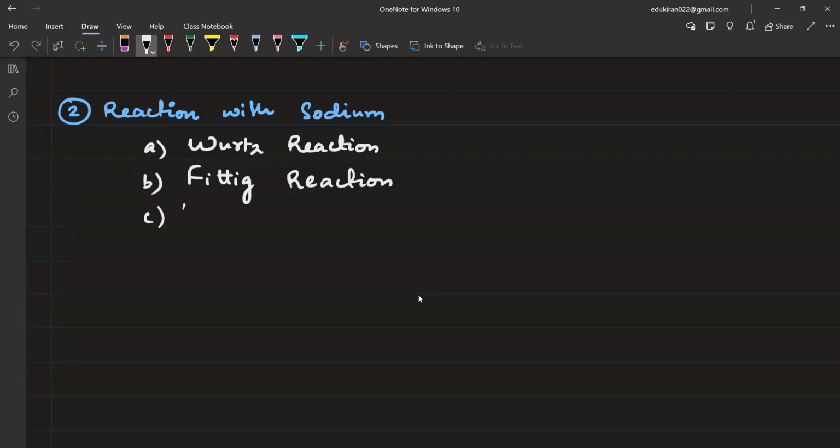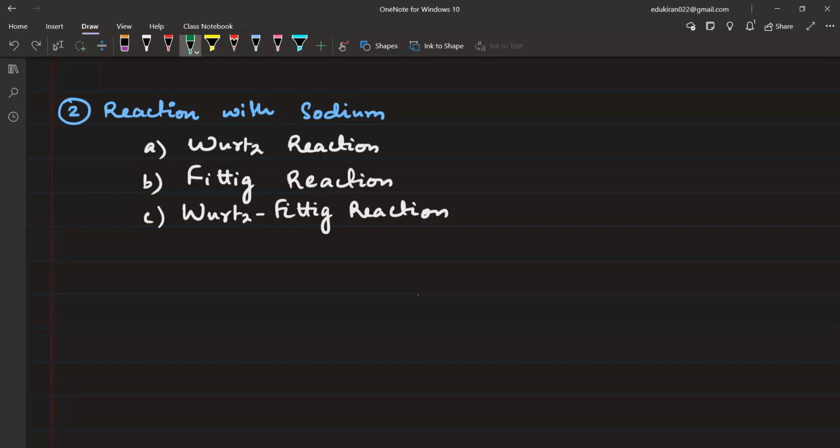Third, we will look at the Wurtz-Fittig mixture. All are within reaction with metals. Sodium is a metal, right? Inside the reaction with sodium, we have three reactions: Wurtz reaction, Fittig reaction, and Wurtz-Fittig reaction.